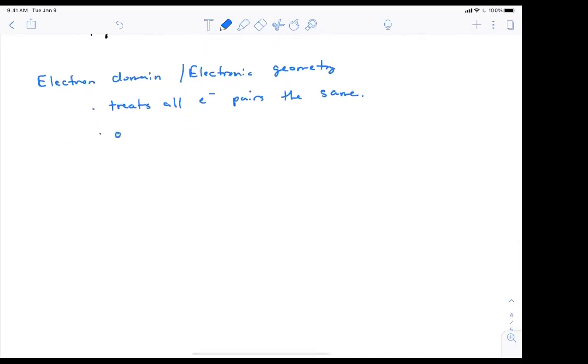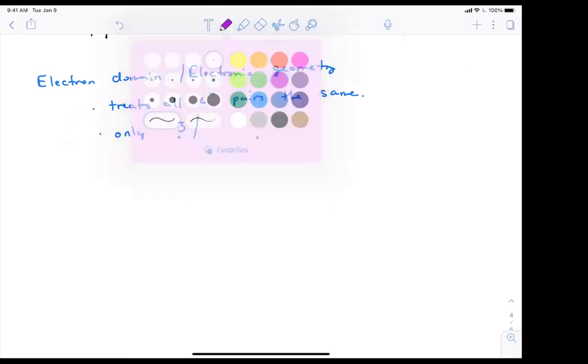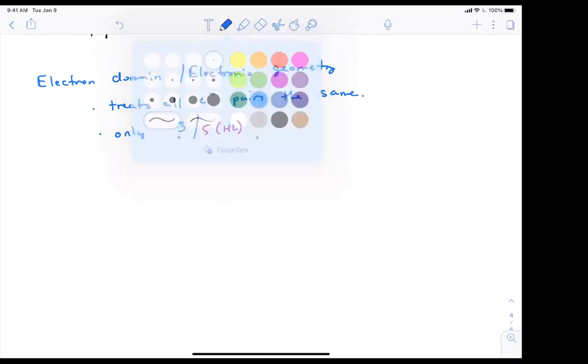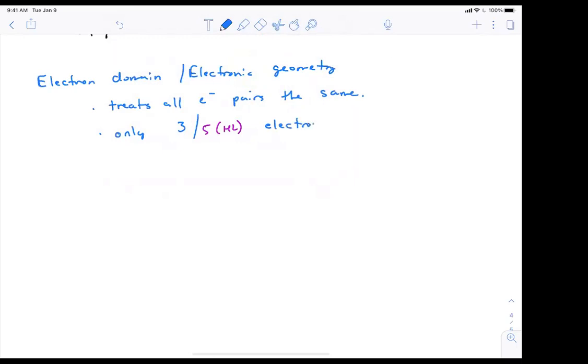So there are only 3, 5 for higher level, electronic geometries. Okay. So there are only 3 / 5 shapes that you need to know, and all the structures that fall under that domain have that structure.